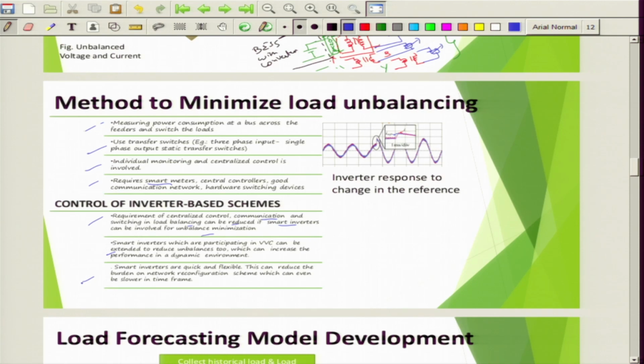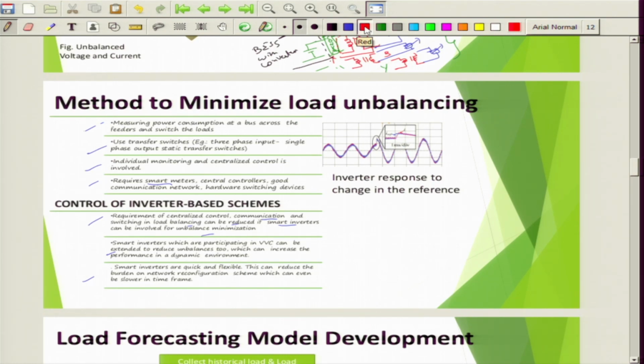So what you can do is use these inverters. Let's say the PV inverter is there. This PV inverter can also be used to reduce the unbalance in the system, right? So the same PV inverter which may be creating the problem of unbalance, as we have discussed in the last slide, if the capacity is available, can we provide some damping using that inverter?